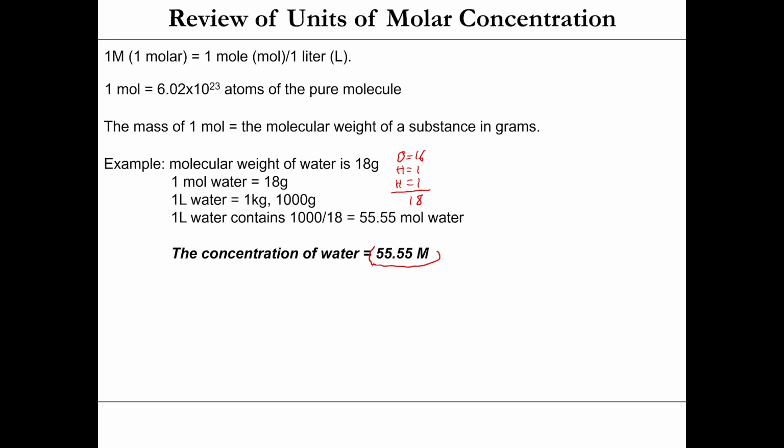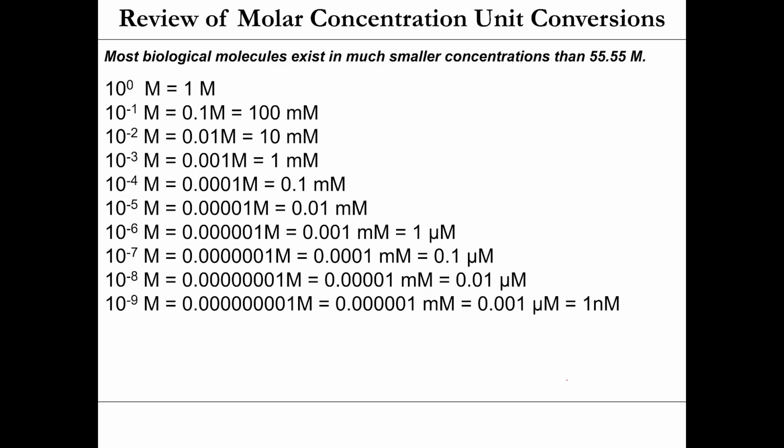It's a very big concentration. Now, most biological molecules exist in much smaller concentrations than 55.55 molar. So you really wouldn't be working with a 55.55 molar solution when you're looking at a specific biomolecule.